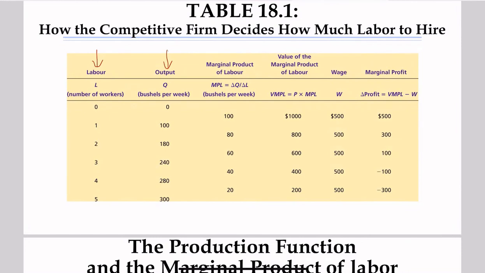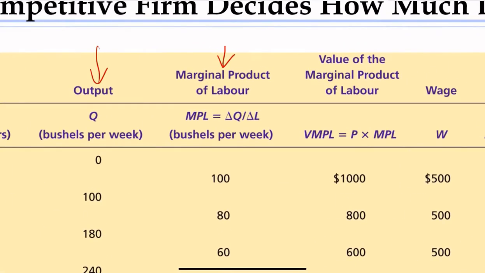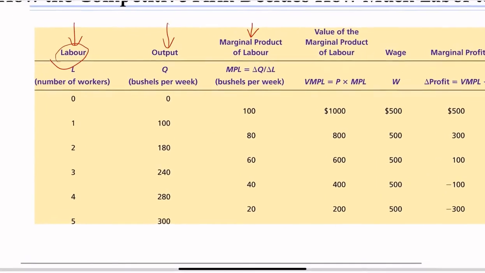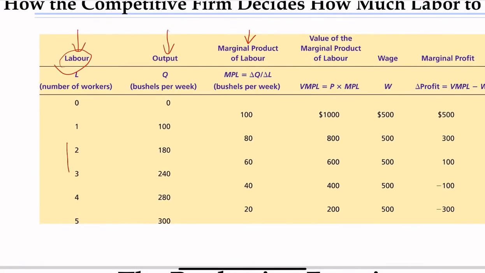Because here we are talking about labor, you can easily calculate the marginal product of labor. For example, if the number of workers goes from 2 to 3, the output goes from 180 to 240. So the marginal product is 240 minus 180 divided by 3 minus 2, which gives you the number 60.